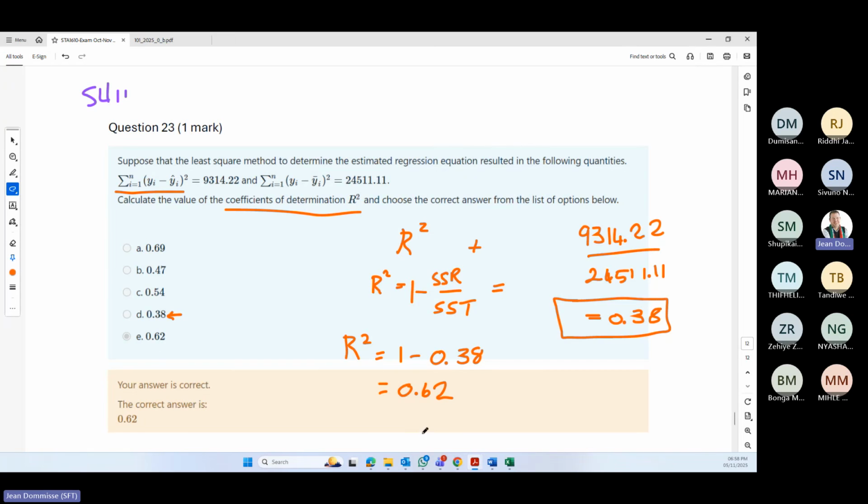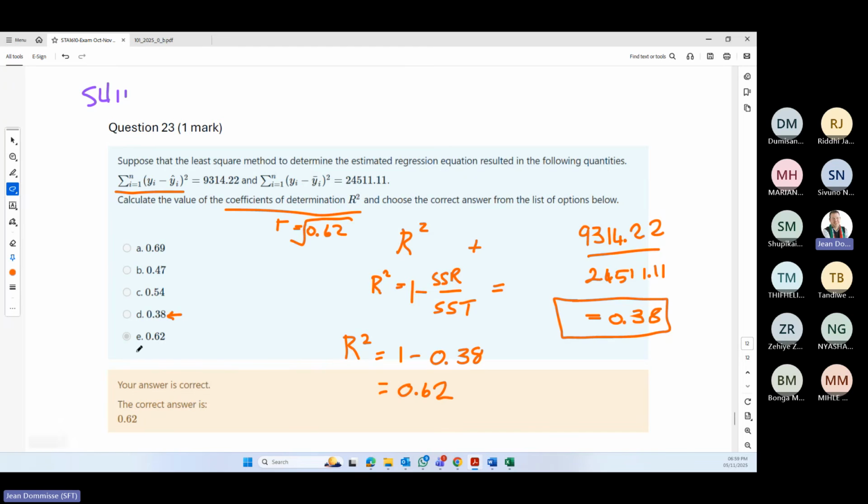Also, I just want to check the square root. So what they could have done is ask you to work out the correlation coefficient, so that if you have r square, you can take the square root of that.